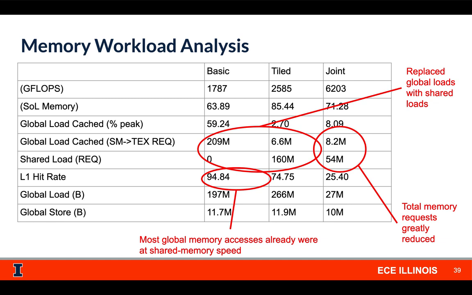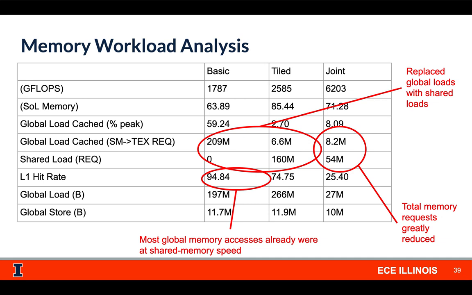But as to answering the question why the tiled matrix multiplication isn't faster, the answer is probably in the next line, which is the L1 hit rate. And so in the basic matrix multiplication, we have a 95% hit rate in the L1. On this GPU, the shared memory is actually the exact same hardware structure as the L1. So basically what's happening in the basic matrix multiplication is we're doing a bunch of accesses to global memory, but almost all of them are being returned by the same hardware structure as in the tiled matrix multiplication.